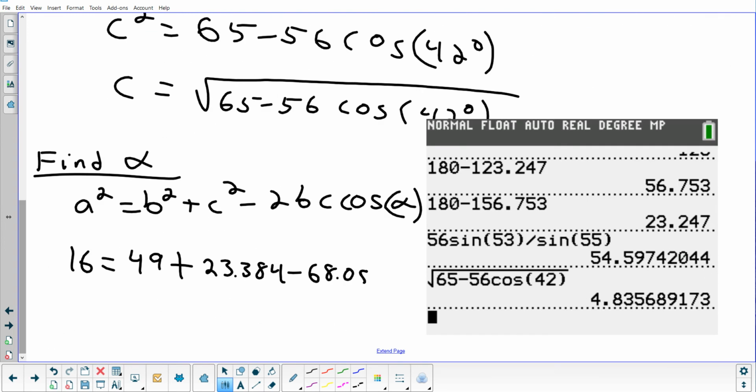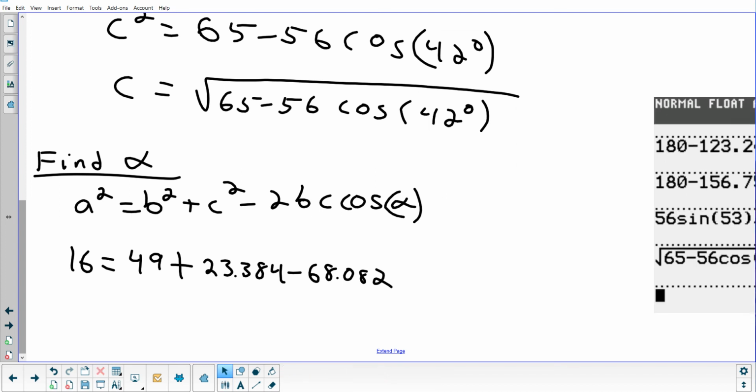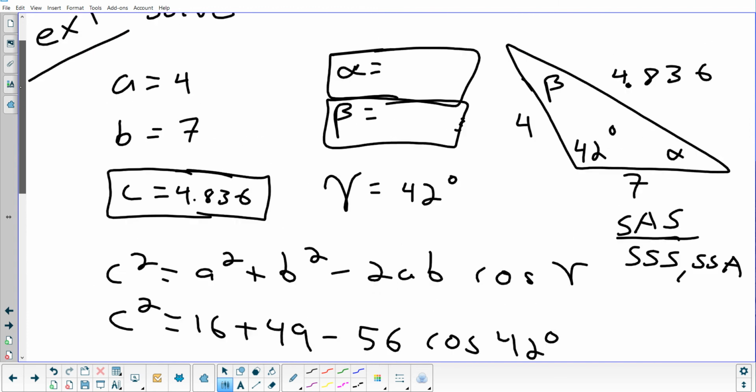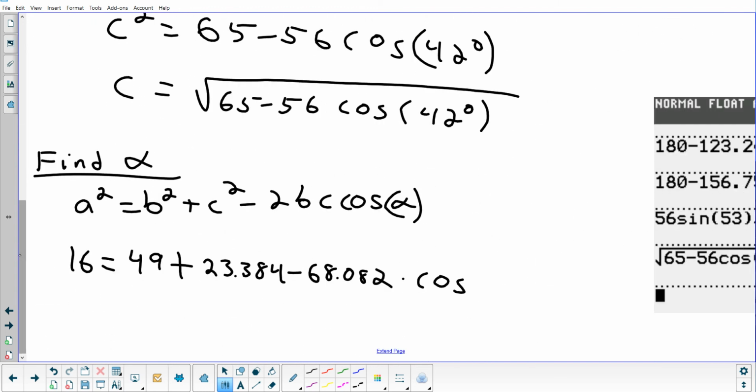And that's times cosine of alpha, which, what was that, 42? Oh, I'm sorry, no, we don't know alpha. That's what we don't know. It's not 42. Sorry. Okay, so alpha is my unknown.